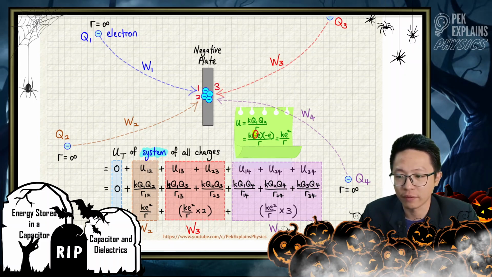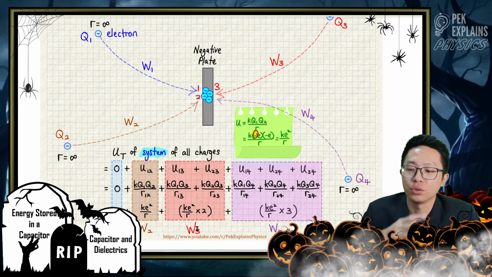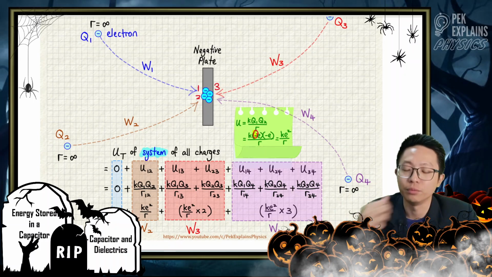Because we have Q1 and Q2 already at the negative plate, and now you want to bring the third charge, you have U13 and U23. So it's 2 times U12. Work done 3 is 2 times the work done 2.